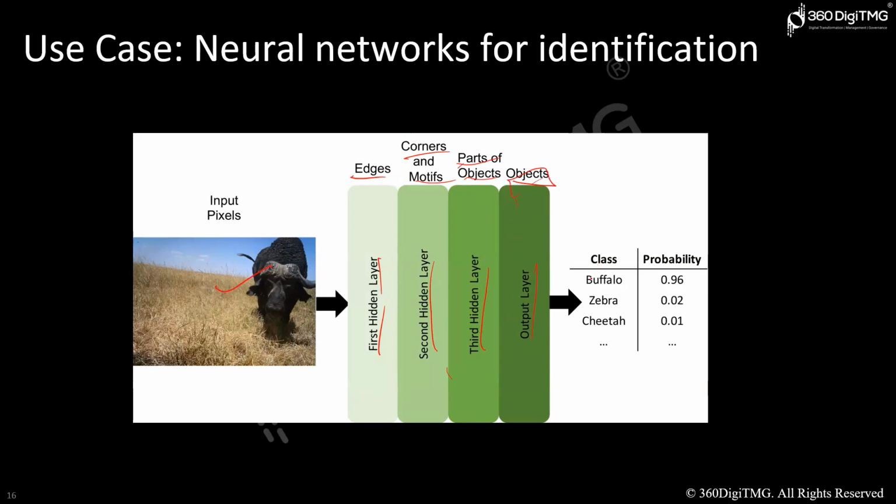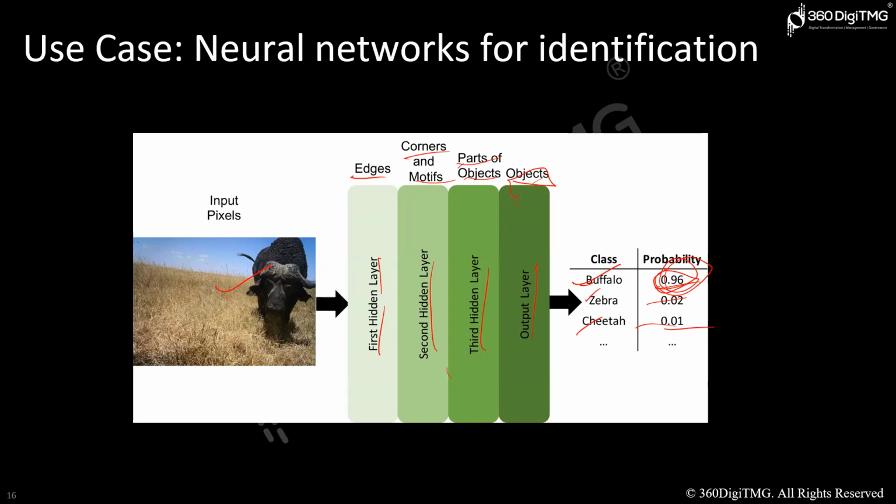That would be buffalo, zebra, and cheetah. So what's the probability that it has identified? The one that has the highest probability will be the final answer. So it will be 0.96, 0.02, and 0.01. So it has identified that this pixel image is nothing but a buffalo because it has 0.96 probability.